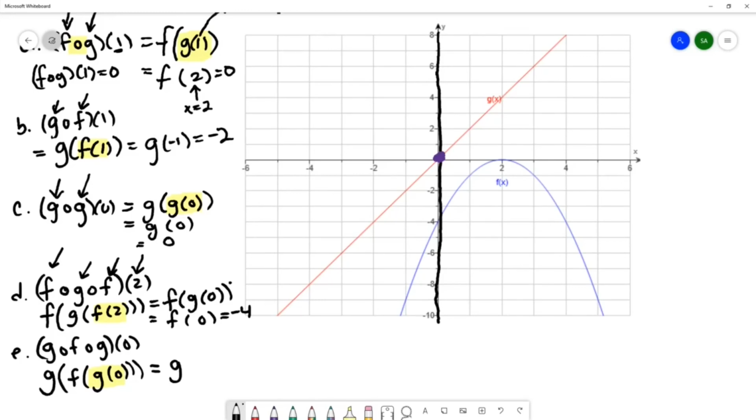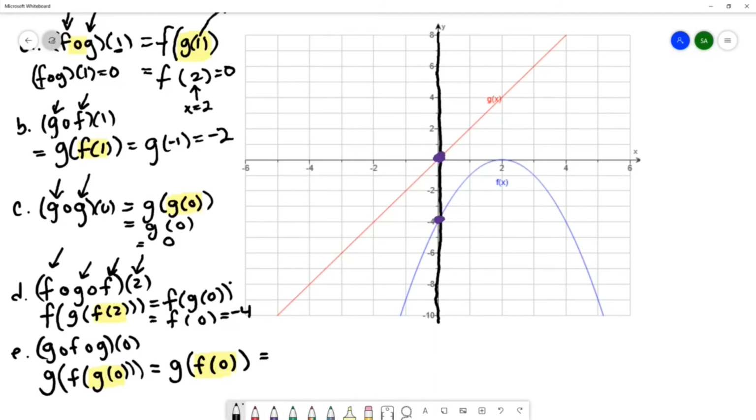So now we have g of f of 0. Now we're going to find f of 0. We've already got the vertical line x equals 0. We're interested in this point here where that vertical line crosses f of x. The y coordinate there is -4.